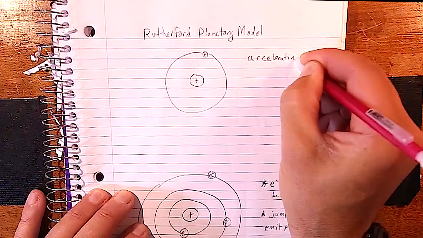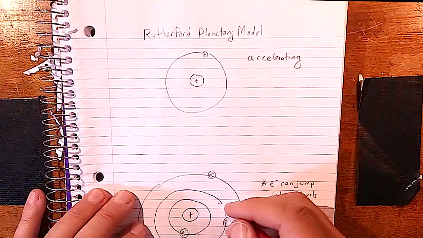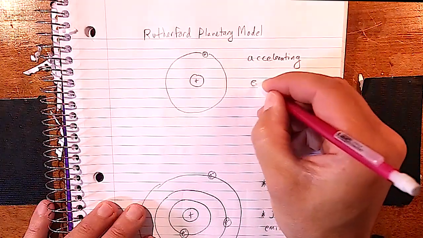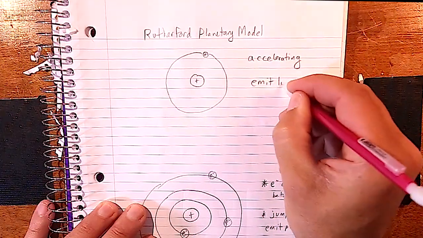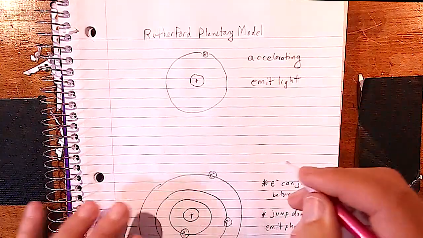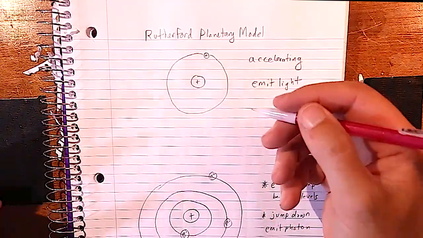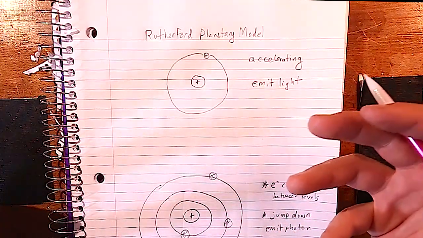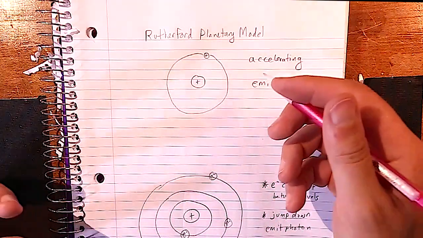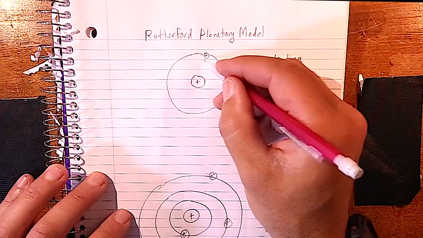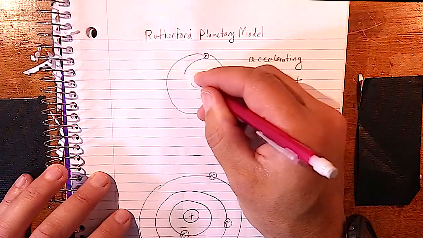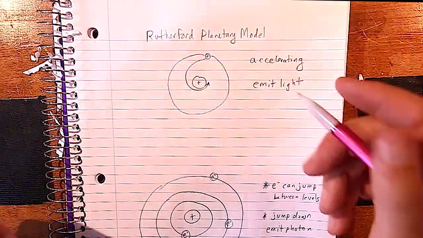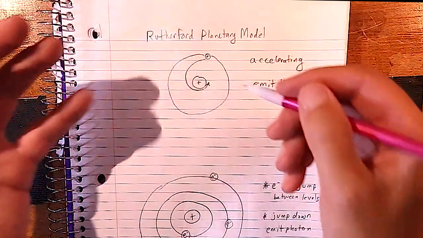And if you remember from the electricity unit, accelerating charges emit light, or an electromagnetic wave. So here's a problem. Atoms aren't just constantly emitting light. We don't have everything in our homes glowing. And not to mention, if it was emitting light, it would be losing energy and it would eventually end up spiraling into the nucleus, so you wouldn't be able to have matter. So it's a good model, but it's got problems.